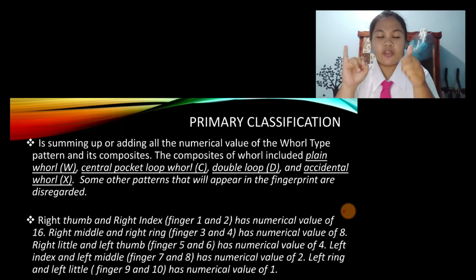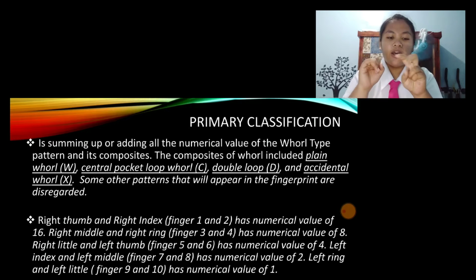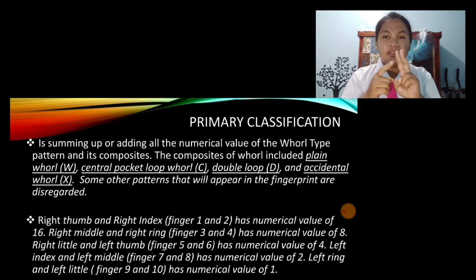little, and the left thumb has a numerical value of 4, and finger number 7 and 8, which is the left index and left middle, has a numerical value of 2, and lastly finger number 9 and 10 has a numerical value of 1.